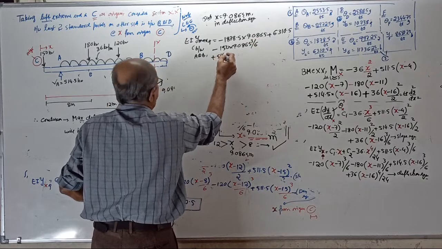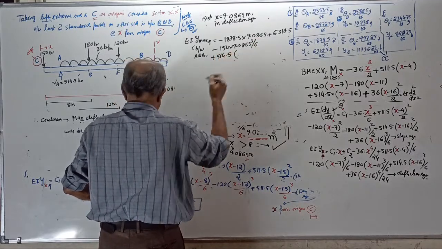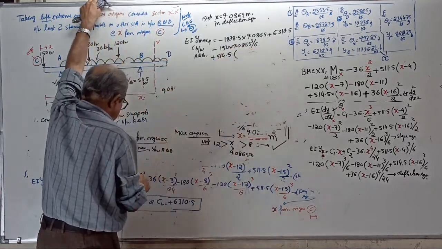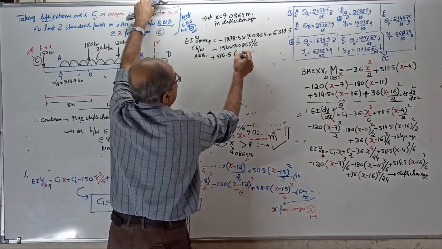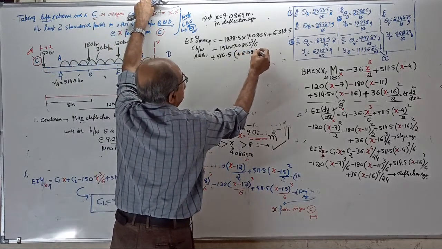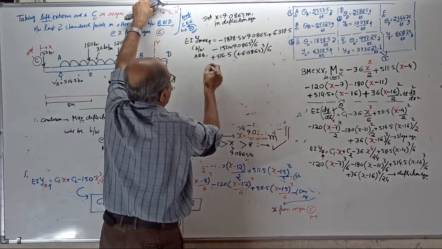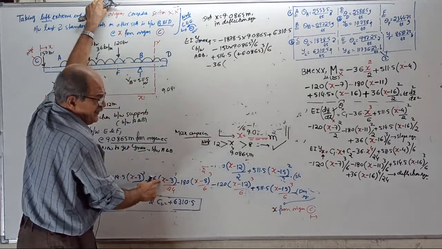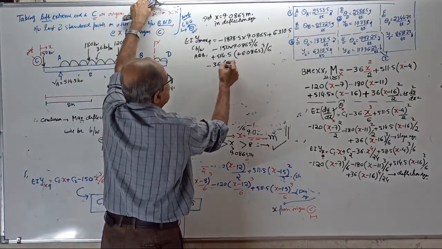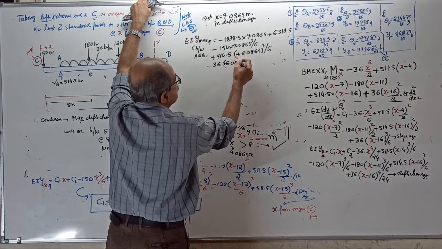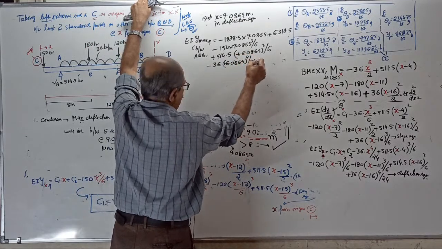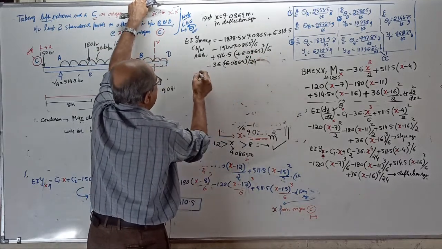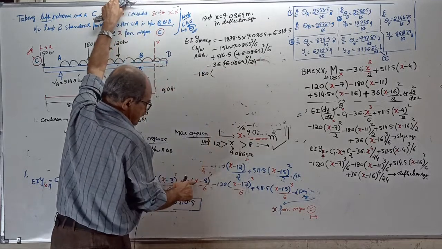514.5 into x, 9.0865 minus 3 is positive. How much? 6.0865 cube by 6, minus 36 into 9.0865 minus 3 is plus 6.0865 power 4 by 24, then minus 180 into x minus 8.